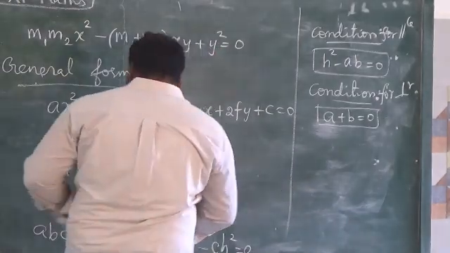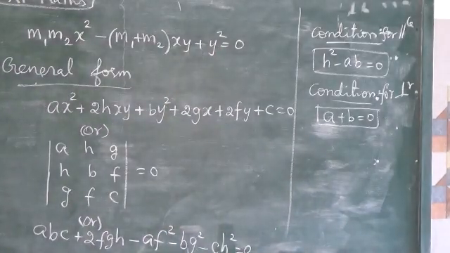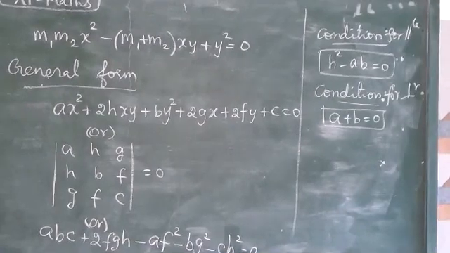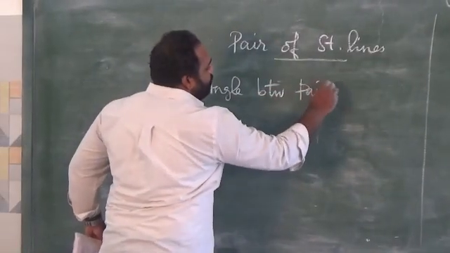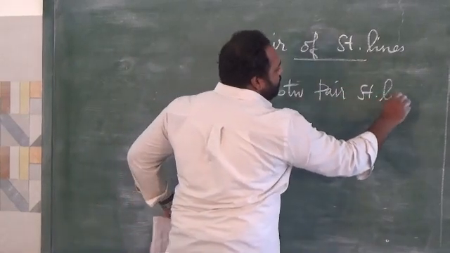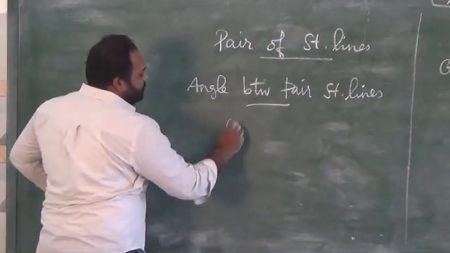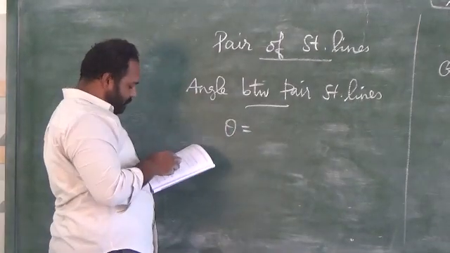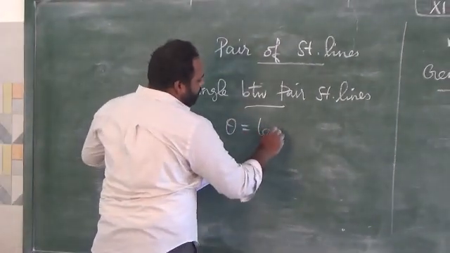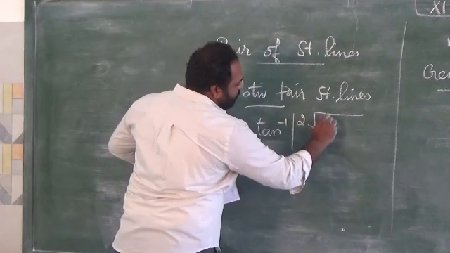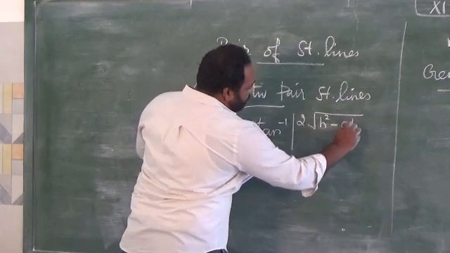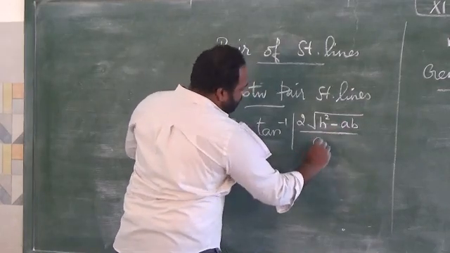Next, we have the angle between a pair of straight lines. The angle between a pair of straight lines is theta equal to tan inverse of modulus of 2 root h square minus ab by a plus b.